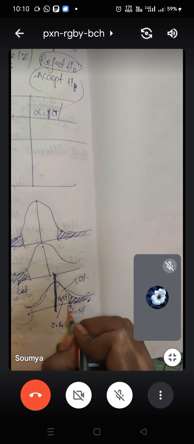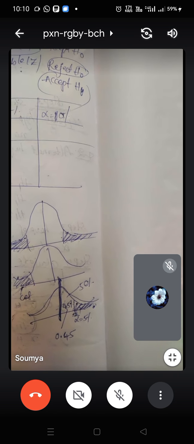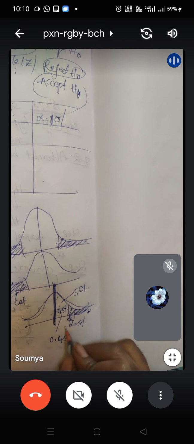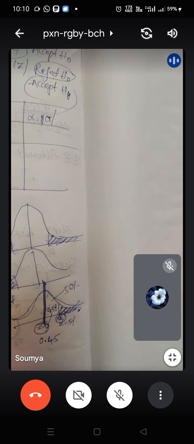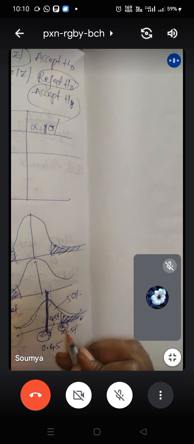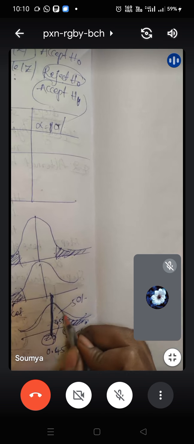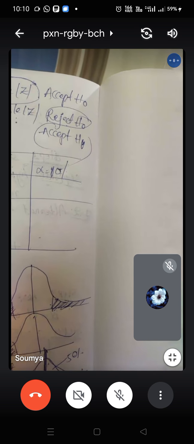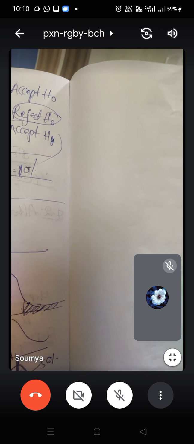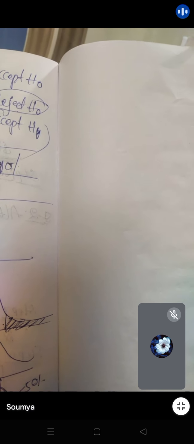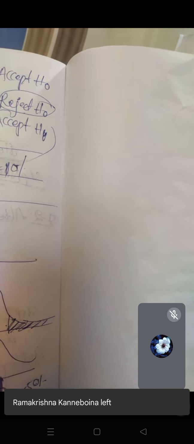So if I am taking here Z, what is the value of Z? In the previous chapter, the third chapter, we found the value of Z if we have area 0.45. Can you tell me? Do you have textbooks? Okay.